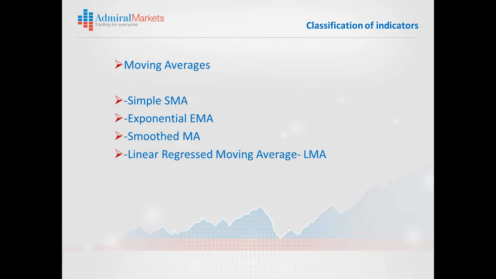Williams percent range also uses two values. Those two values are -20 and -80. If you compare to stochastics, those are reversed lines.